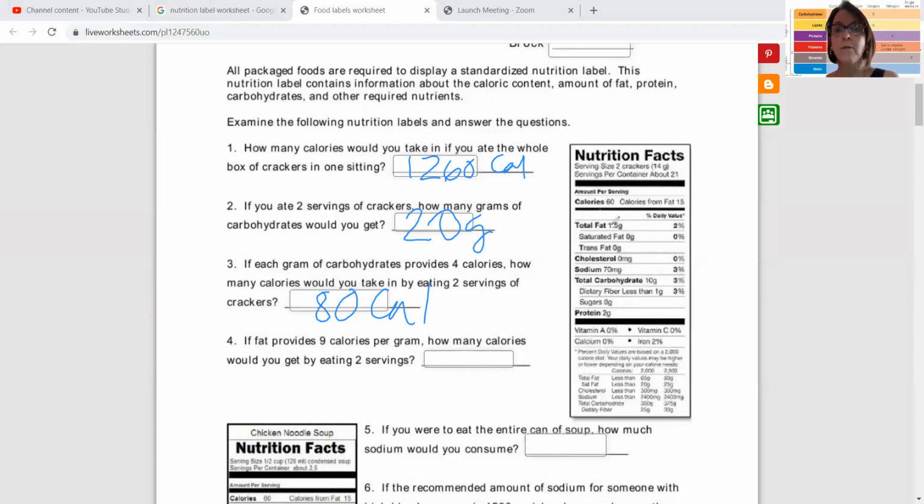So I have 1.5 grams. If I eat 2 servings, it means 2 times this amount. So I will need to do 2 calculations. 1.5 grams in 1 serving times 2 servings, then it means I have 3 grams of fats in 2 servings. Okay, in 2 servings.